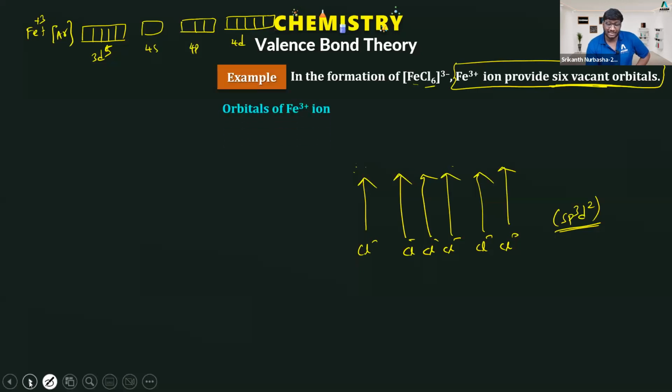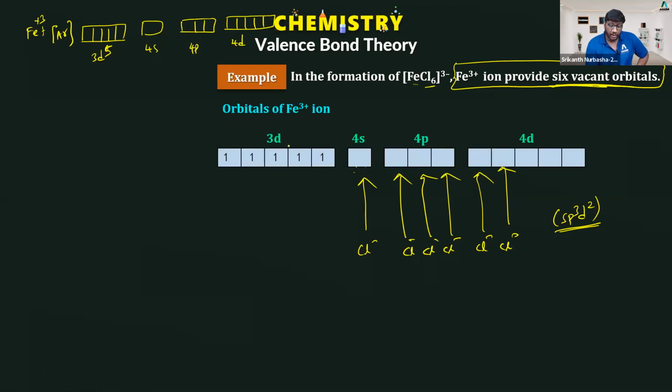In FeCl6 3 minus, Fe plus 3 provides 6 vacant orbitals. Fe plus 3 means we have 3d5 electronic configuration. We have 4s, 4p and 4d which are empty. In the 4s you do not have electrons. In the 4p also, 4px, 4py, 4pz, you do not have electrons. In the 4d we have chosen 2 d orbitals. Yes or no?